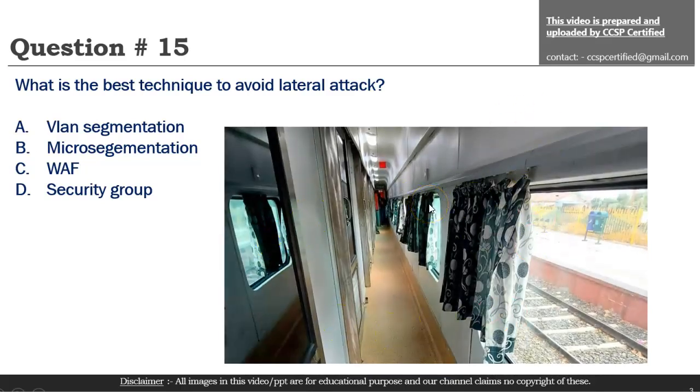This is a simple train, first class AC, where we have different compartments, coupes and cabins, and they are designed in such a way that if you have a seat in one coupe or compartment or cabin, you will not impact or interact with the passengers of another compartment, or impact their privacy and security, data security.